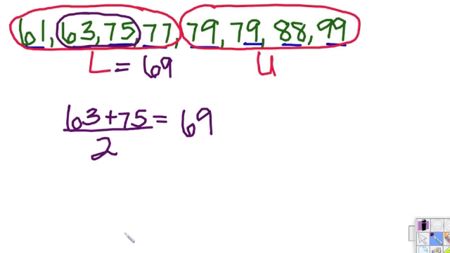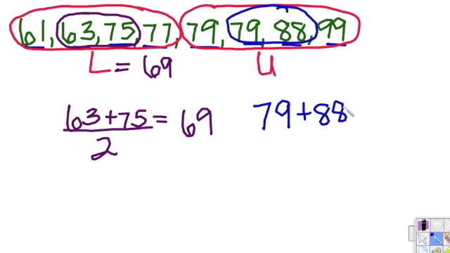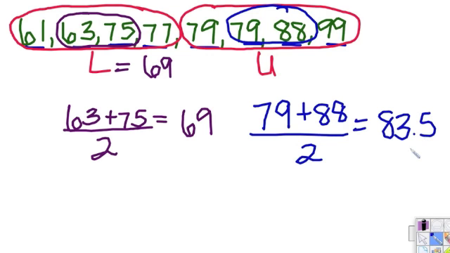Now what's my upper median? Same thing here, we have two middle numbers. We're going to do 79 plus 88 divided by 2. You're dividing by how many numbers there are. When you divide that out, you get 83.5, or if you wrote 83 1/2, that would be fine also.